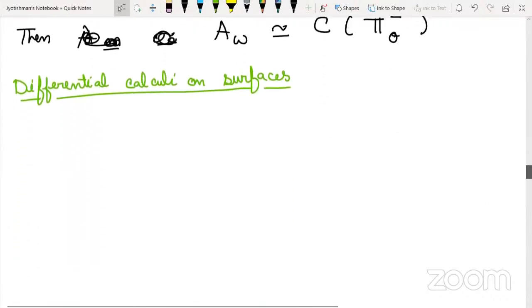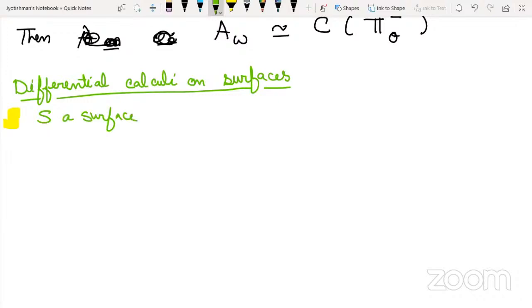Let me quickly recall what I mean by differential calculi. Suppose S is a surface.